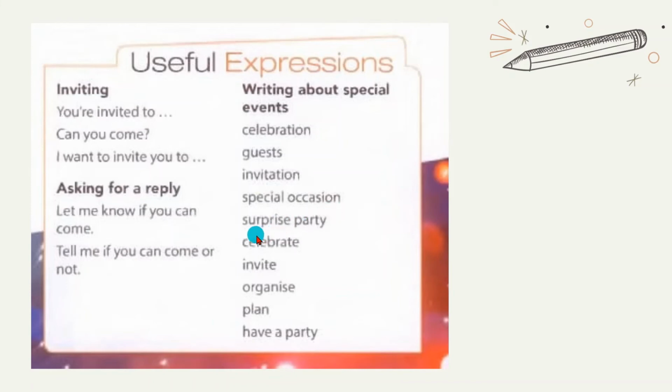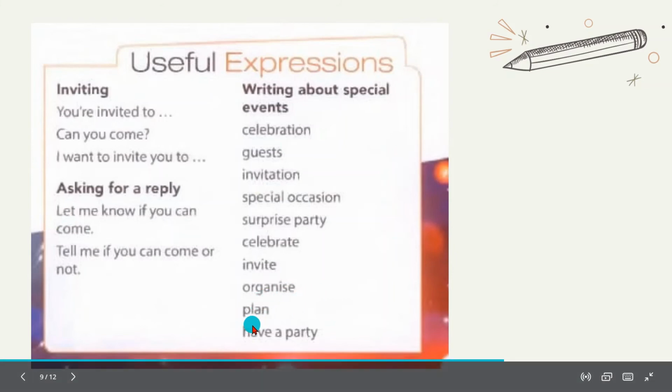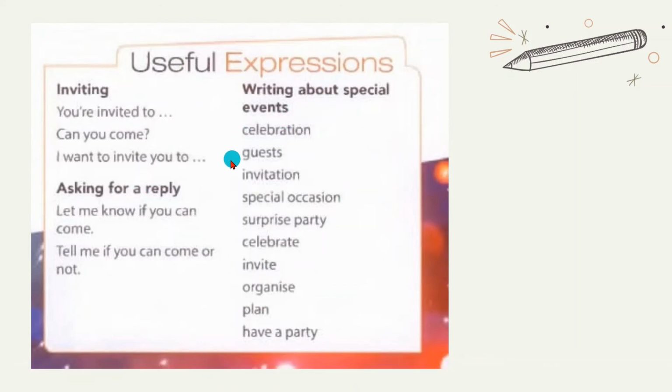A surprise party, where you do not want the person that you celebrate to know about it, so it is a surprise. Celebrate, to invite, organize a party or to hold a party, plan or to have a party. So these are some examples of the words that you can use to write your email.